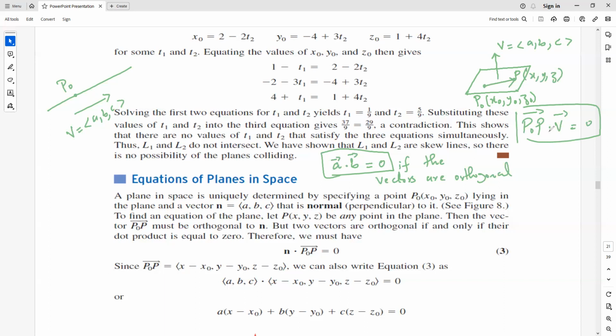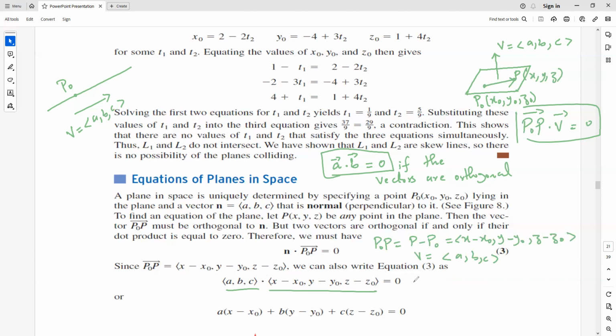Now, using this definition, we can find the equation of the plane. P0P, we know, is nothing but P minus P0. So it will be x minus x0, y minus y0, and z minus z0. So this is P0P, and vector V is a, b, c, right? The dot product of a, b, c with P0P equals 0.